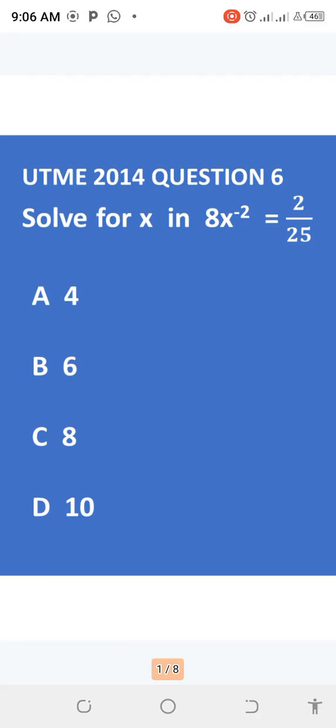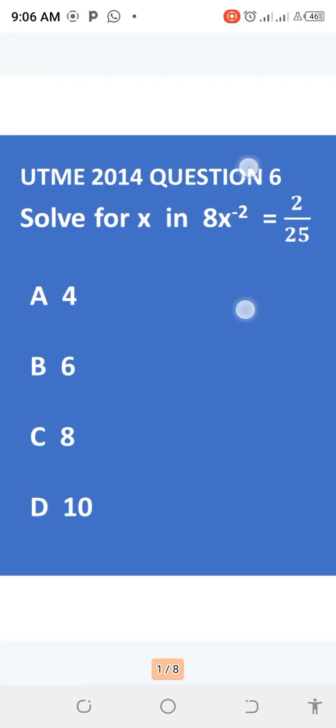If we take a critical look at this question, we discover that it is testing indices that are raised to a negative power. Look at the first term: 8x raised to negative 2. The negative 2 is only affecting the x and it is not affecting the 8.